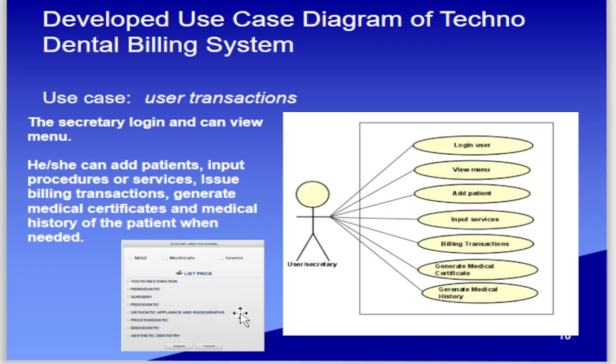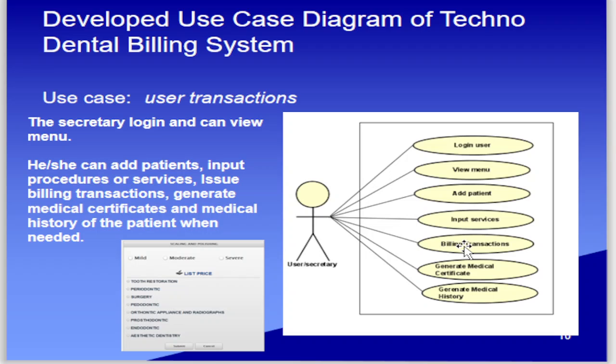As you can see, there are several procedures the patient can choose from. After the procedure is done, it will automatically issue the billing transaction, the issuance of billing after everything is already done. It depends on the services or procedure of the patient.